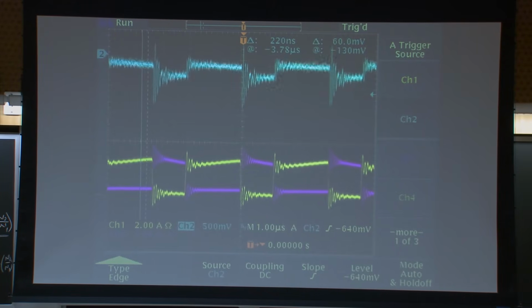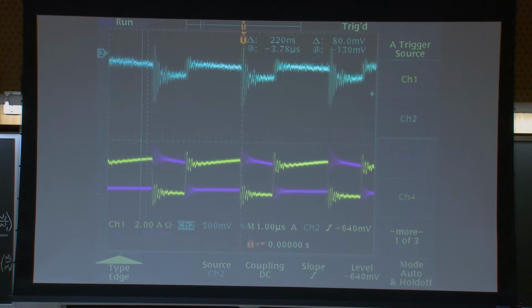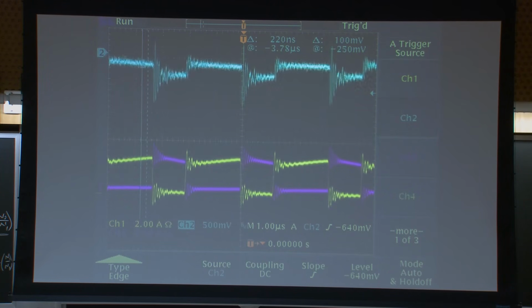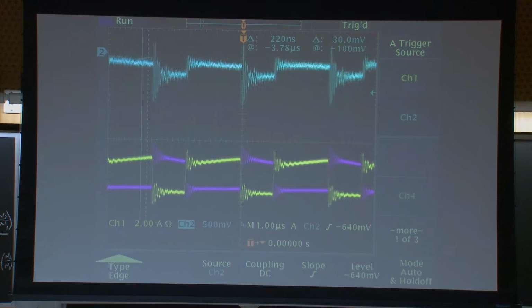The primary winding is channel 1, in yellow, and you can see the current in the primary is ramping up, because I'm storing energy in the magnetizing inductance, and that's at 2 amps per division. In the second part of the cycle, the purple waveform is the current in winding 2, and you can see it's ramping down, but you notice that's 1 amp per division.